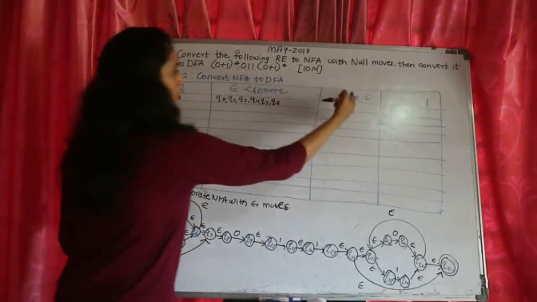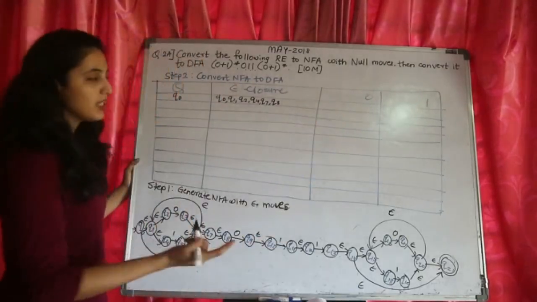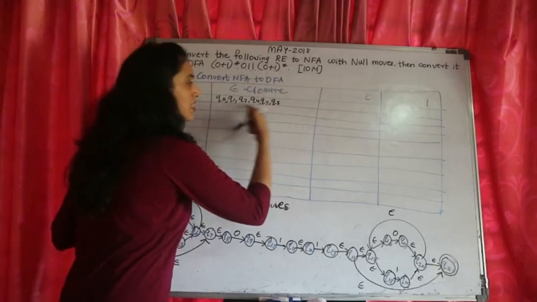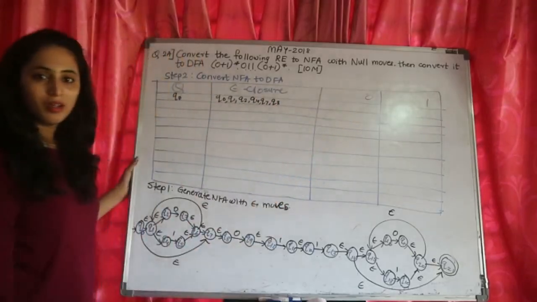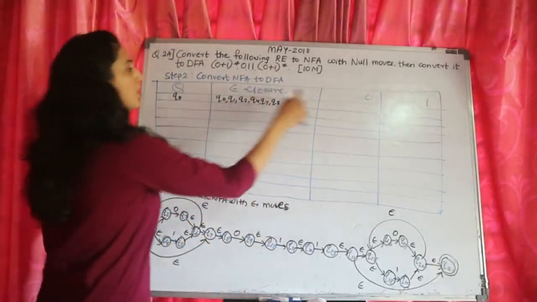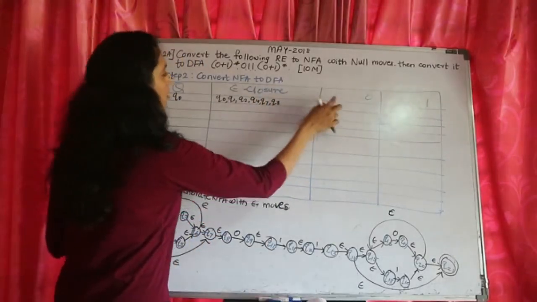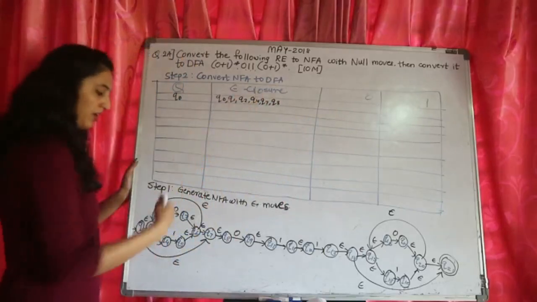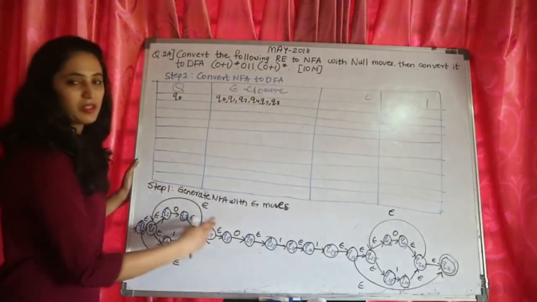Now Q0 on 0 goes where? When I say Q0 on 0, I mean all these states on 0. That is Q0 on 0, Q1 on 0, Q2 on 0, Q4 on 0, Q7 on 0 and Q8 on 0. Because all of them are reachable from Q0 with epsilon.